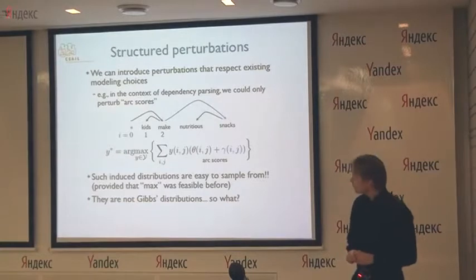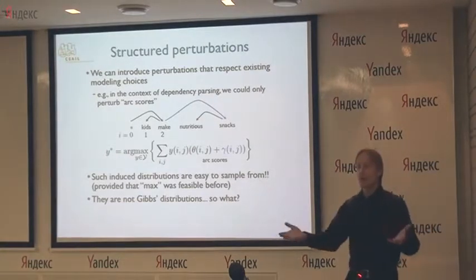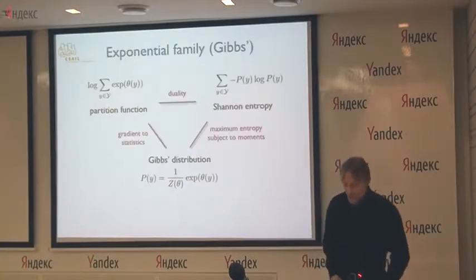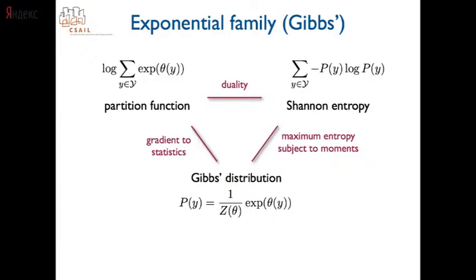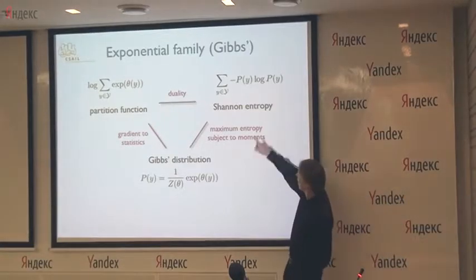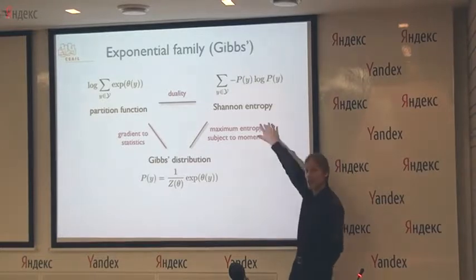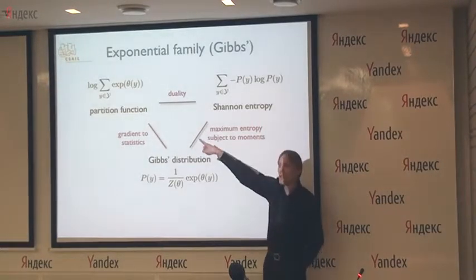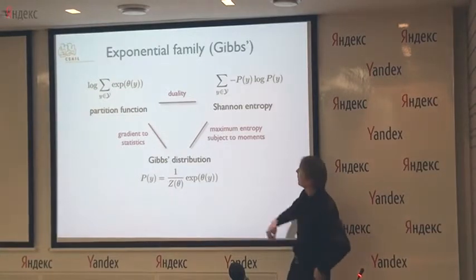All right? So why do I want Gibbs distribution in the first place? This is just an illustration of the exponential family of distributions that hopefully at least a good fraction of you are familiar with. And we have a well-defined entropy concept that maximum entropy estimation is dual to maximum likelihood estimation.